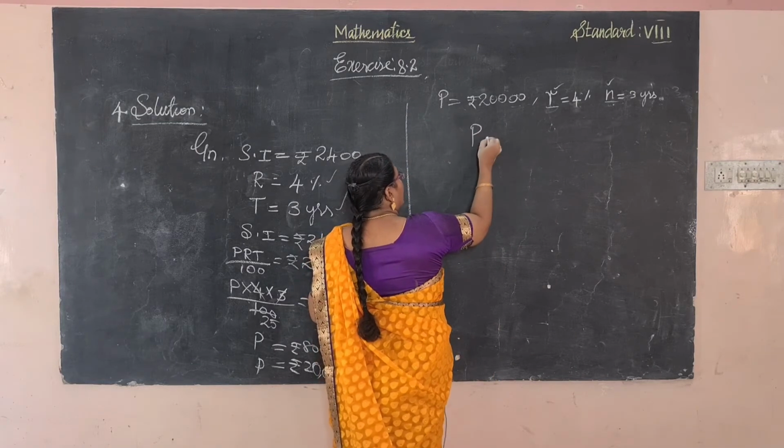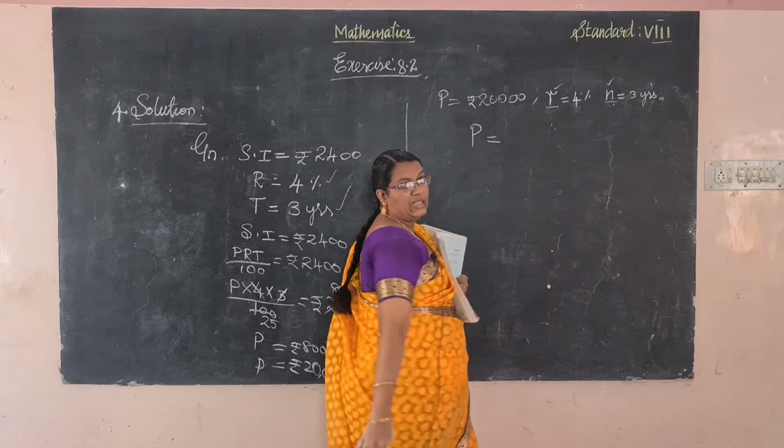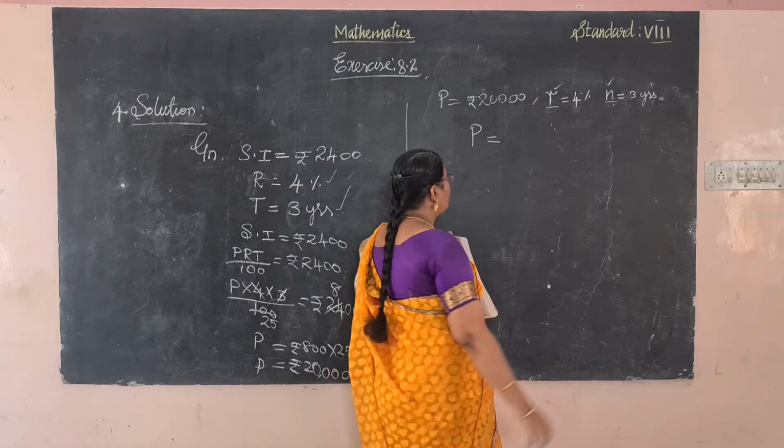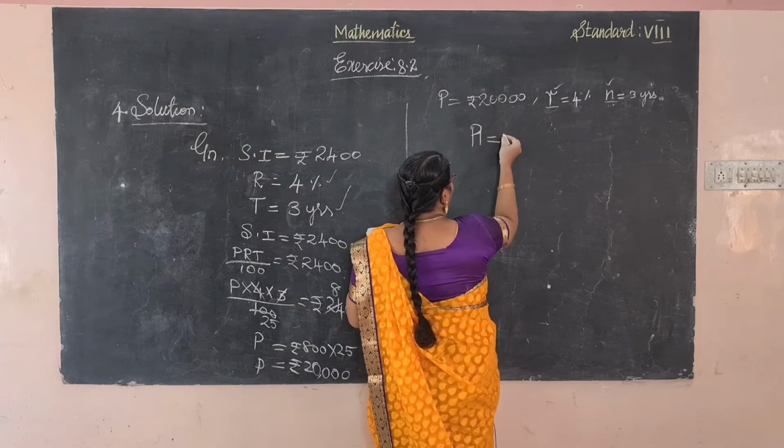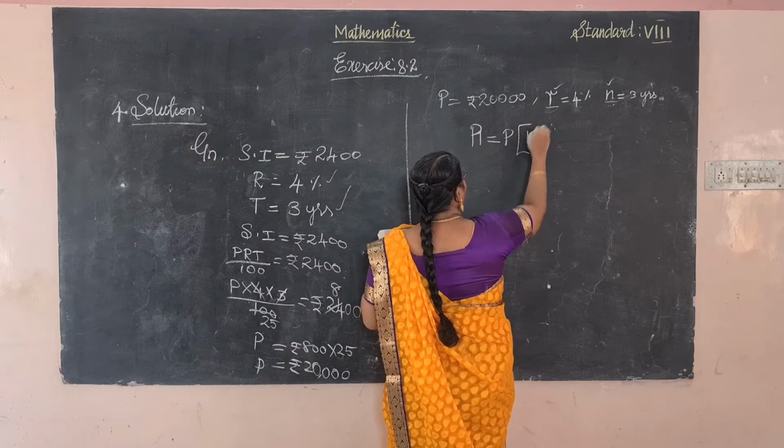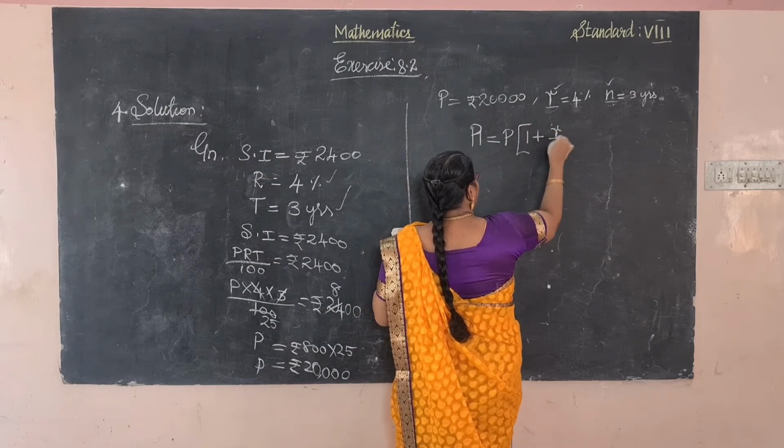What is the formula here? Compounded for 3 years, so we use the compound annually formula. A is equal to P of 1 plus r by 100, the whole power n. Every time you should write the formula.